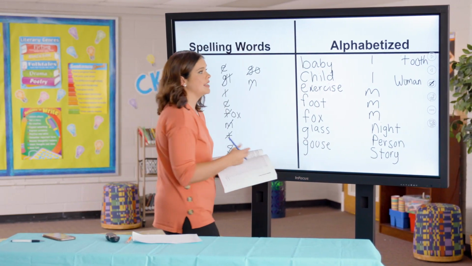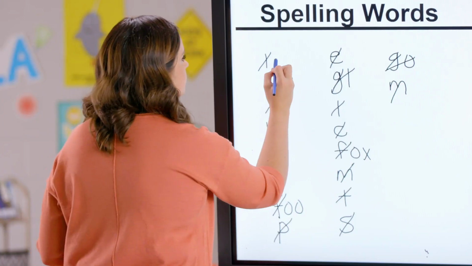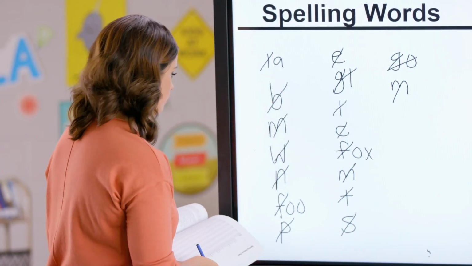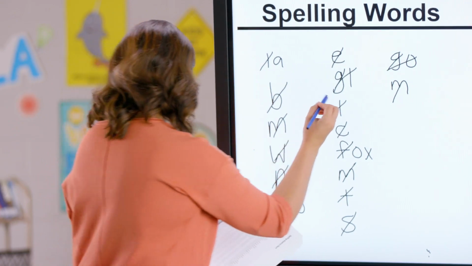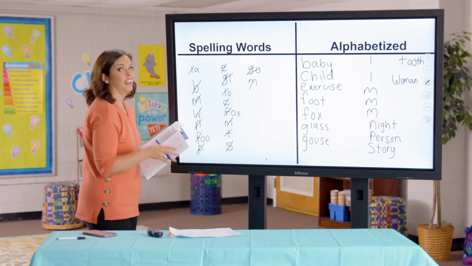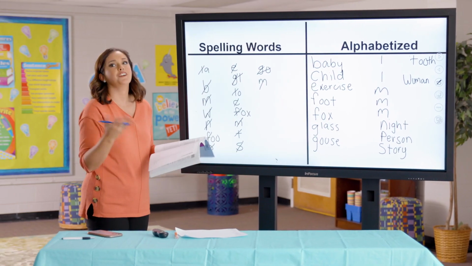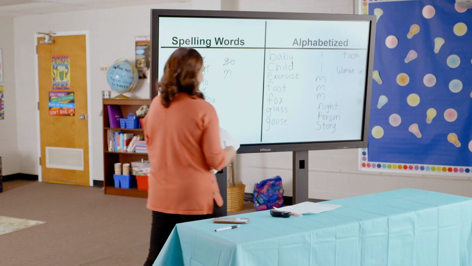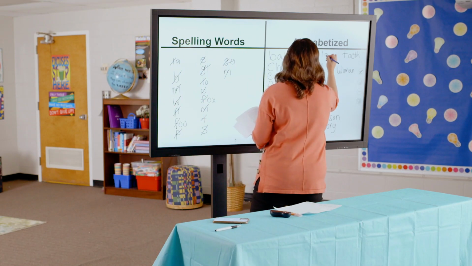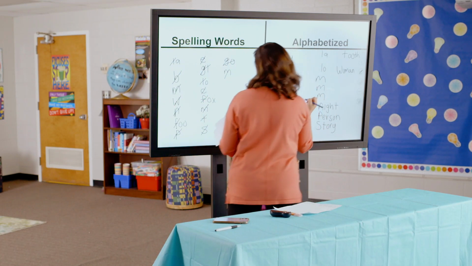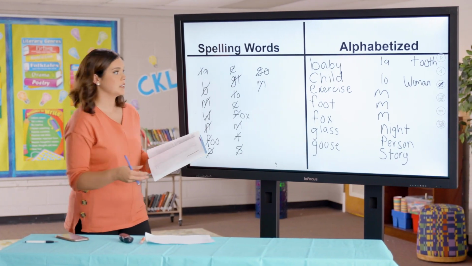Let's do the same process with L. This one's easy. What comes first, A or O? Right, A. Now we can complete the rest of these spelling words.